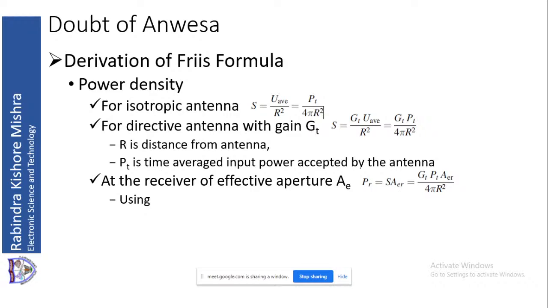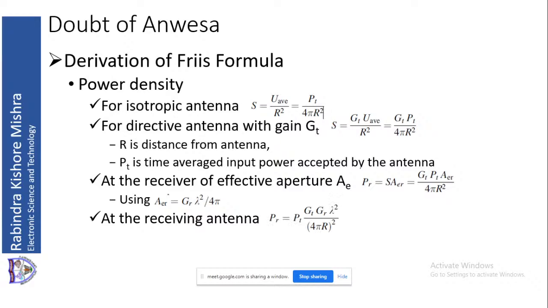Now use this formula for AER, which you know. AER is equal to GR, where GR is the gain of the receiving antenna, into lambda square by 4 pi. That is how you find the effective aperture. If I use that, then at the receiving antenna PR will be PT GT by 4 pi R square into lambda square by 4 pi.